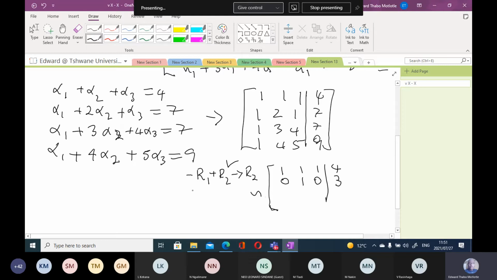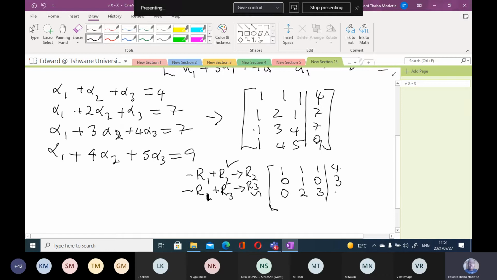Now on the next row, the operation is: minus row 1 plus row 3 gives me row 3. So I'm dealing with this one here. Minus 1 and 1, 0. Minus 1 plus 3, that's 2. Minus 1 plus 4, 3.